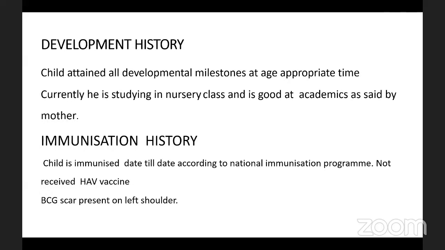Sir, hepatitis A vaccine dose is 0.5 ml intramuscularly, and there are two types of hepatitis A vaccine, like Havrix.